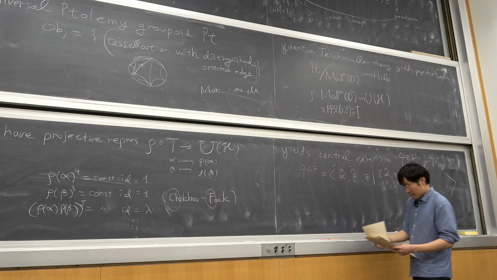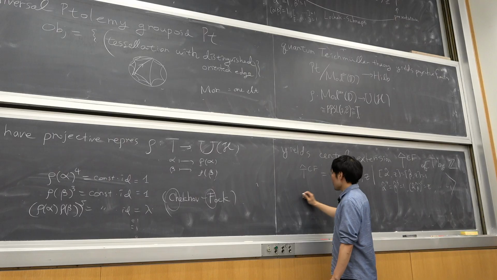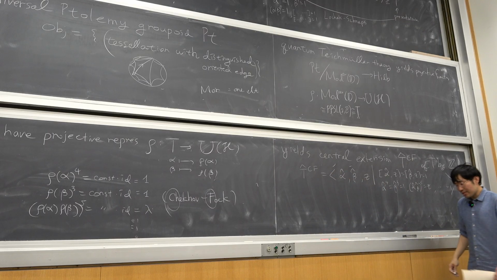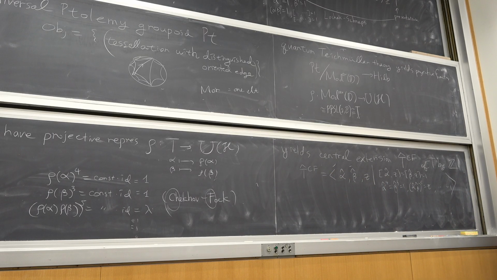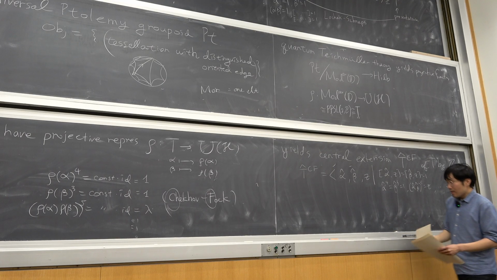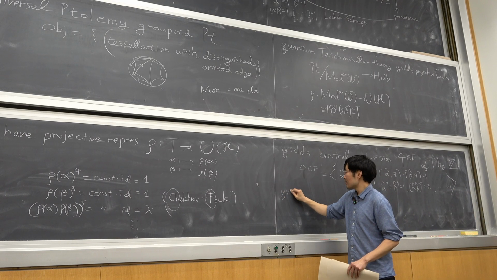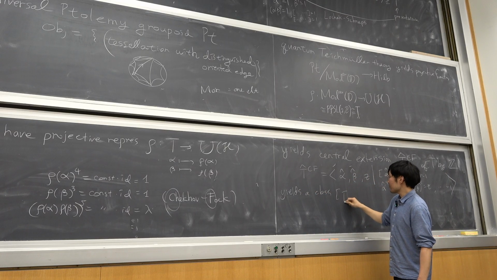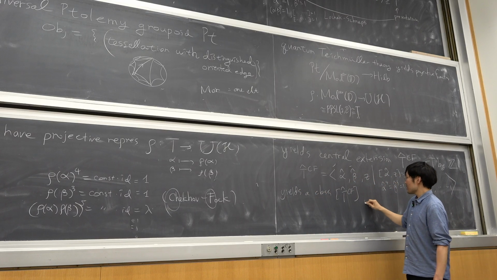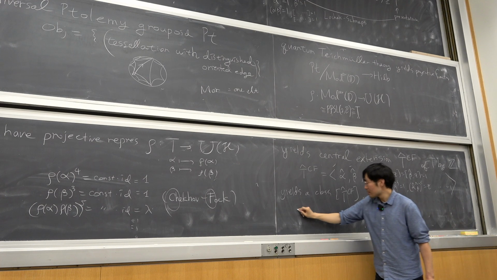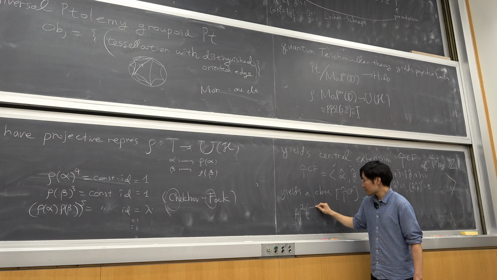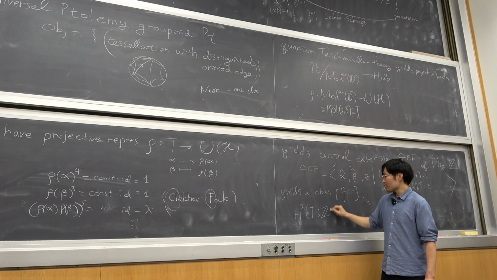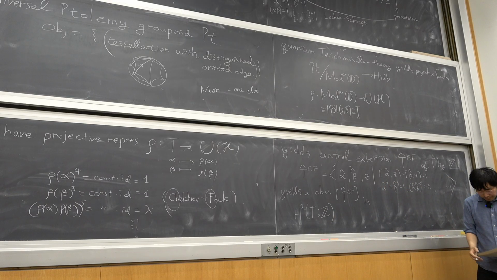So one thing is that what classifies all the central extensions of T by Z is the second group cohomology of T with Z coefficients. So this yields a well-defined cohomology class in the second group cohomology with Z coefficients.